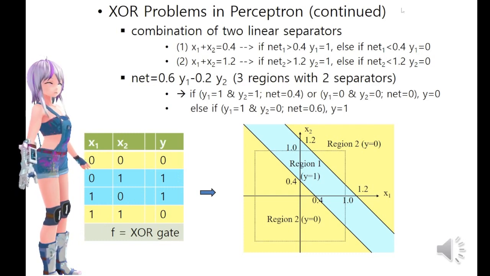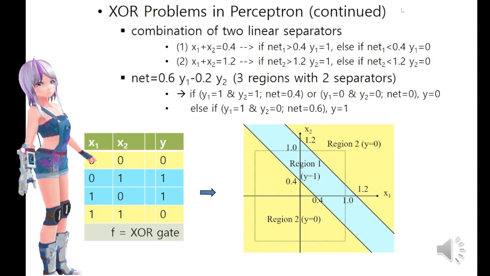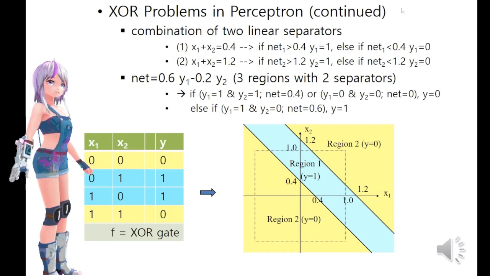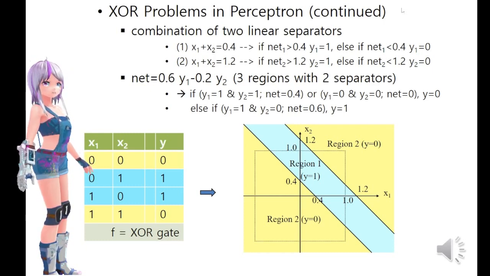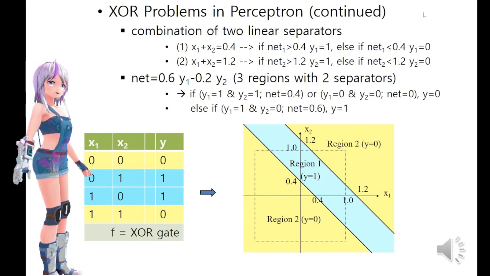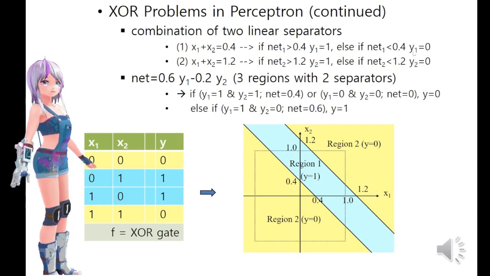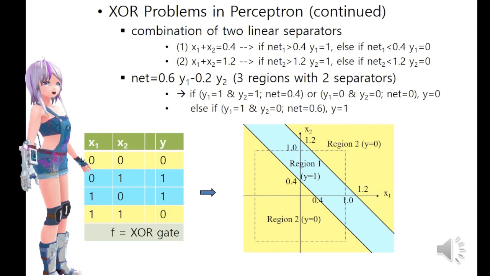So we will take a look at the left hand input-output relations of this gate function, x1 and x2 as two inputs, and we get y as an output. So x1, x2 of 0, 0, y becomes 0. x1, x2 of 0, 1, then y becomes 1. x1, x2 of 1, 0, then y becomes 1. If both x1, x2 are 1, then y becomes 0.